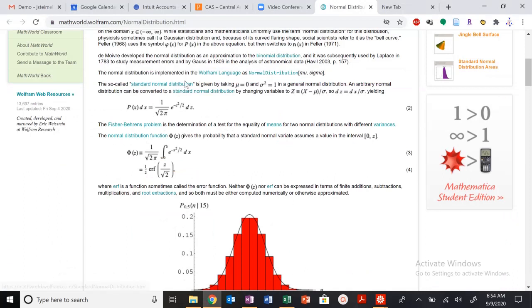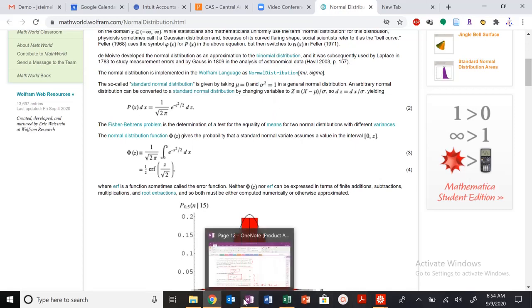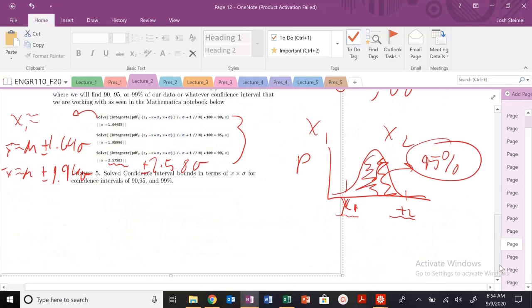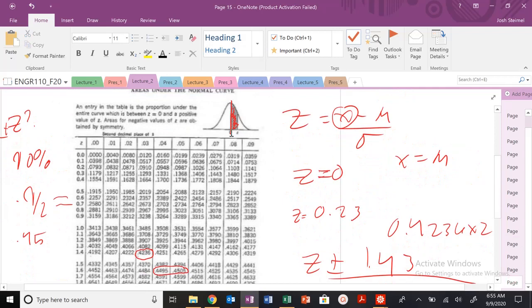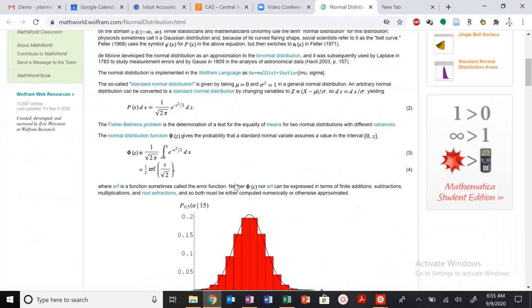When we convert and do this z function, we do this assuming that mu is equal to 0 and sigma squared is equal to 1 in the most general normal distribution. That's how that z table you see here is generated, right? The z table that we are working with goes from values of z from 0 to -1. So it's effectively the same thing as setting mu equal to 0 and sigma squared equal to 1.